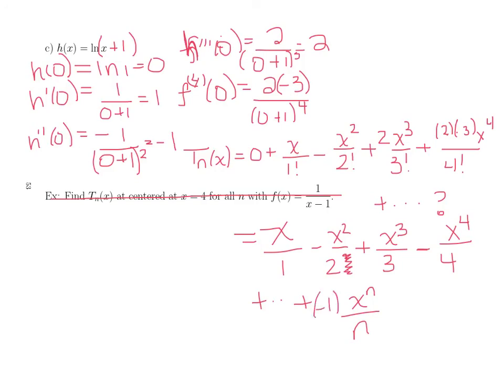It looks like the negatives are occurring on the even exponents, so we need to do (-1) to the n plus 1. So this is the Taylor polynomial, in particular the Maclaurin polynomial for ln of x plus 1. We'll look at this last example in class so we can see one example together.